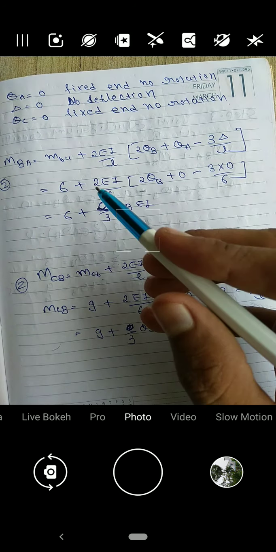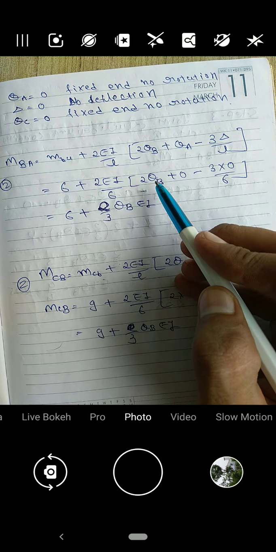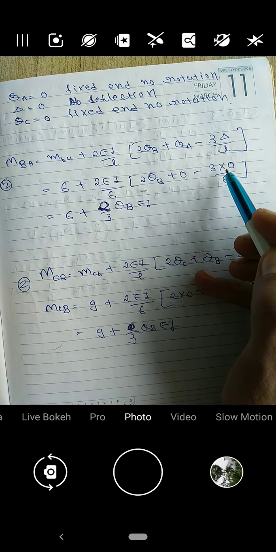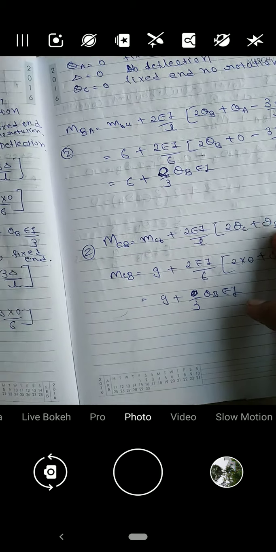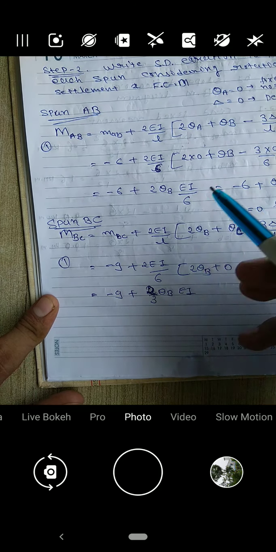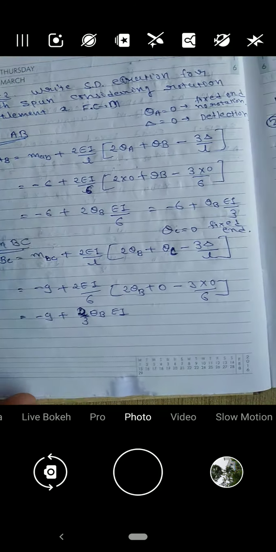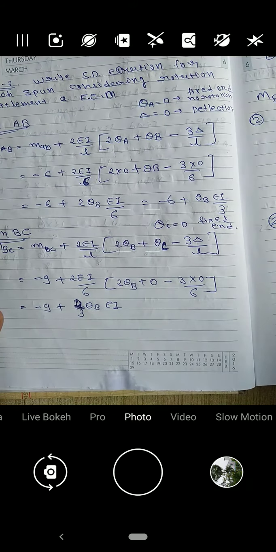You can see here MBA is equal to 6 plus 2EI by L, 2 theta B plus 0 minus 3 delta. So there are 4 equations we already found. You can see here there are 2 equations for MAB and MBA, then similar way MBC and MCB.